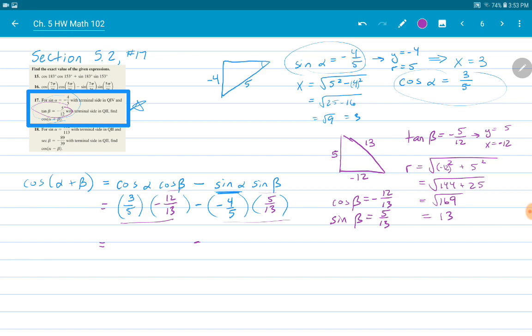So multiplying those first two, I get negative 36 over 65 minus, oh, that's a negative, yeah, sorry, negative.